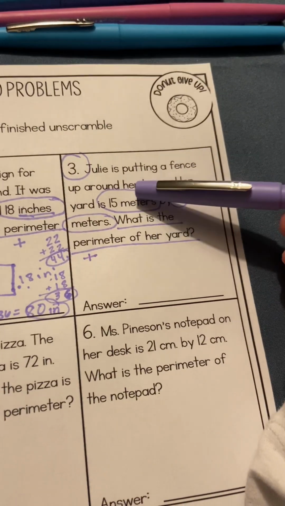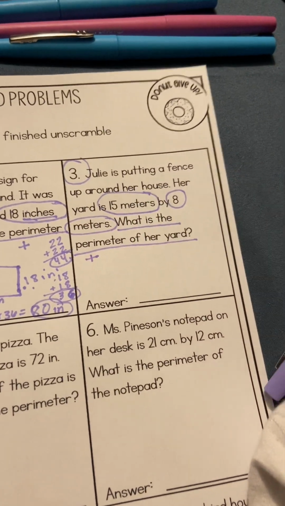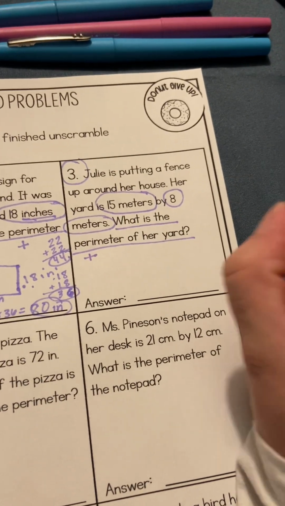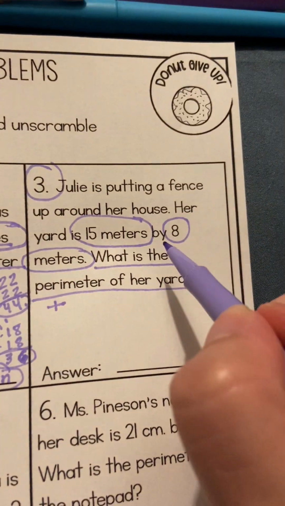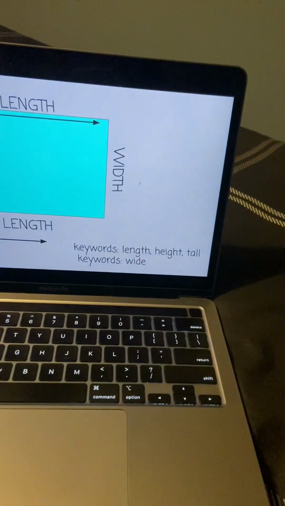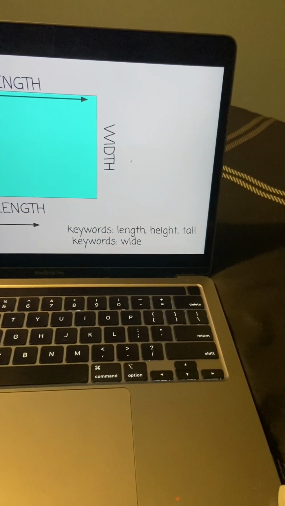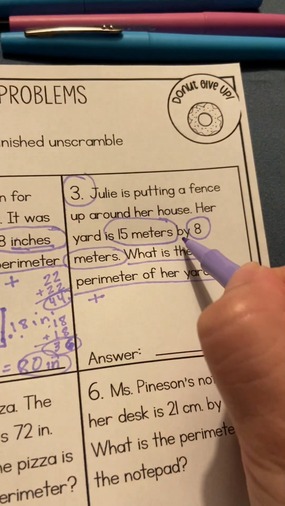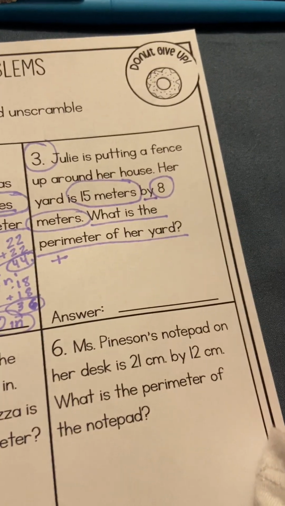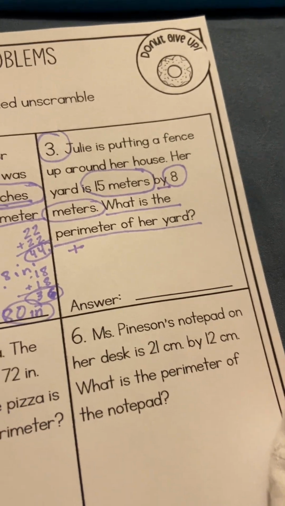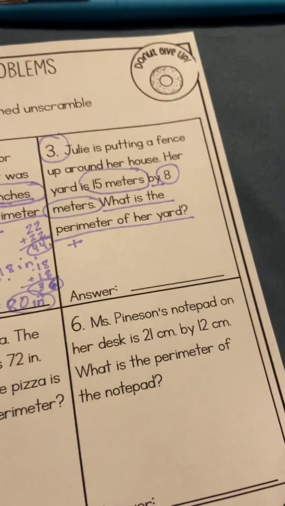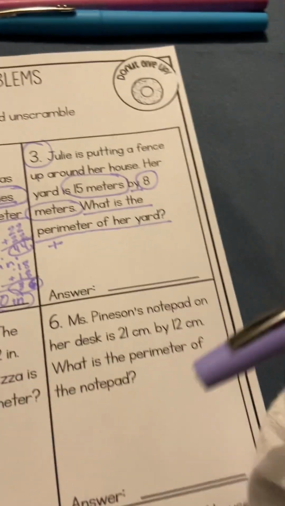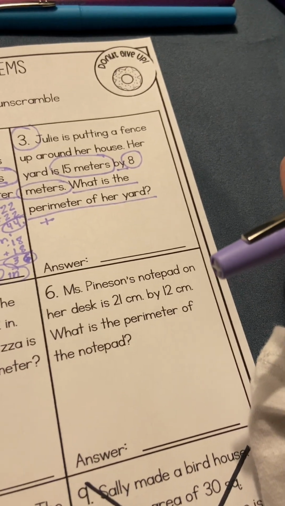So, like I mentioned in my last problem, if I'm only given 2 sides, then it's most likely going to be a rectangle or a square. Now here, I'm not really seeing any keywords, right? I don't see keywords like length, height, tall, or wide. Right here, it's saying by. This is also going to be another keyword that you're going to see. This is when it doesn't tell you which one is the height and which one is the width.